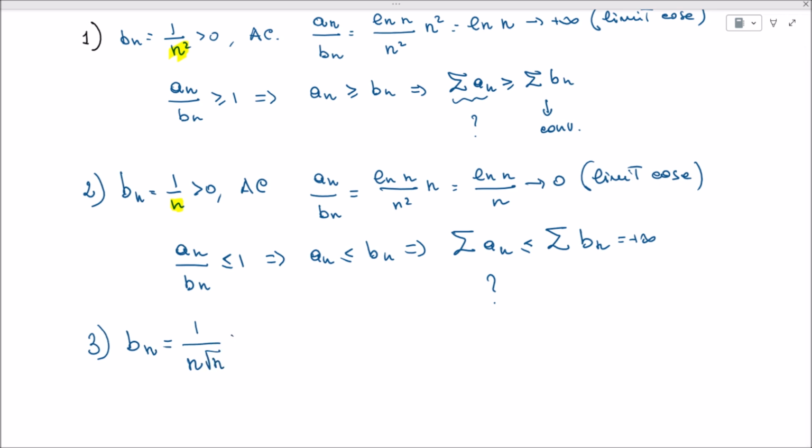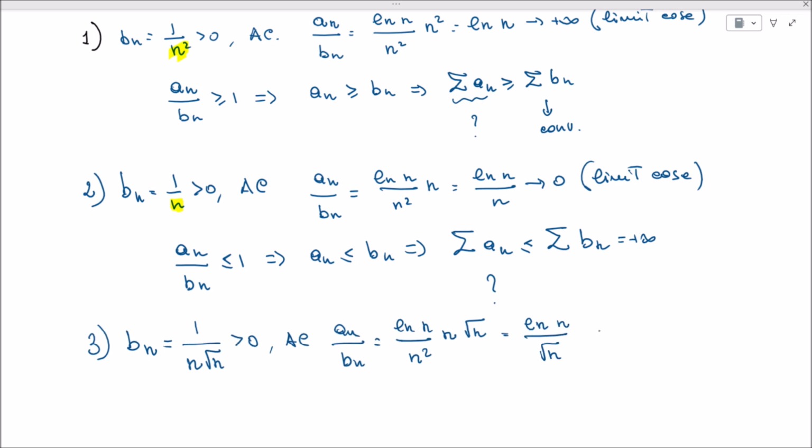Let's see, this is again strictly larger than 0, so we can do the asymptotic comparison. Now that will give an over bn equal to logarithm of n divided by n squared, and then we need to multiply by n square root of n, okay? And this is equal to logarithm of n divided by the square root of n.